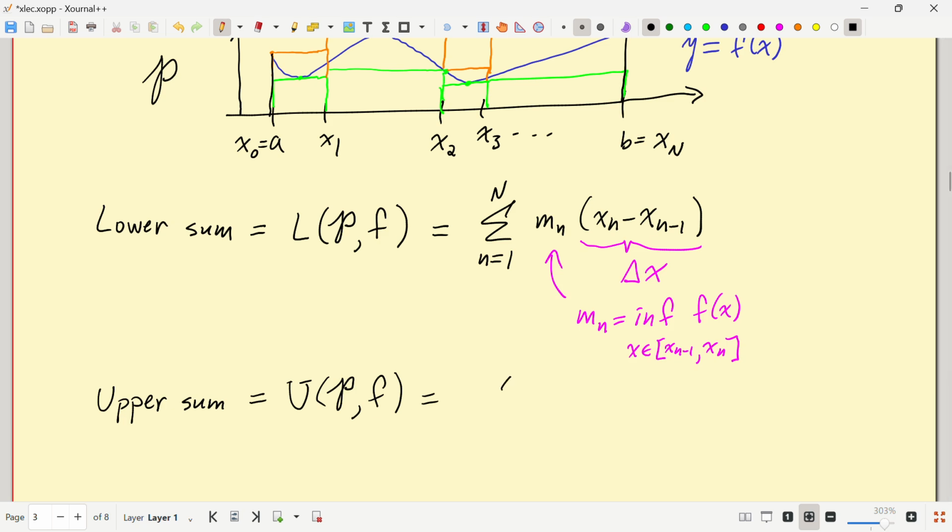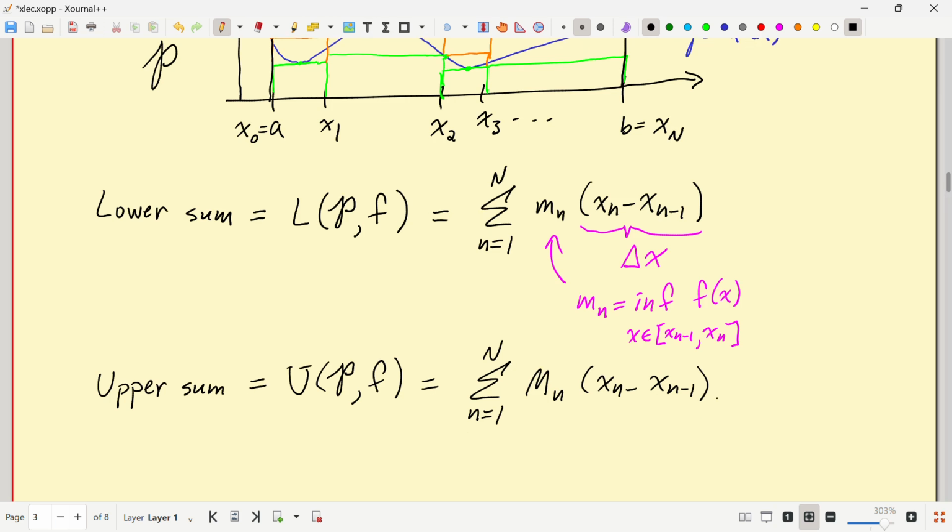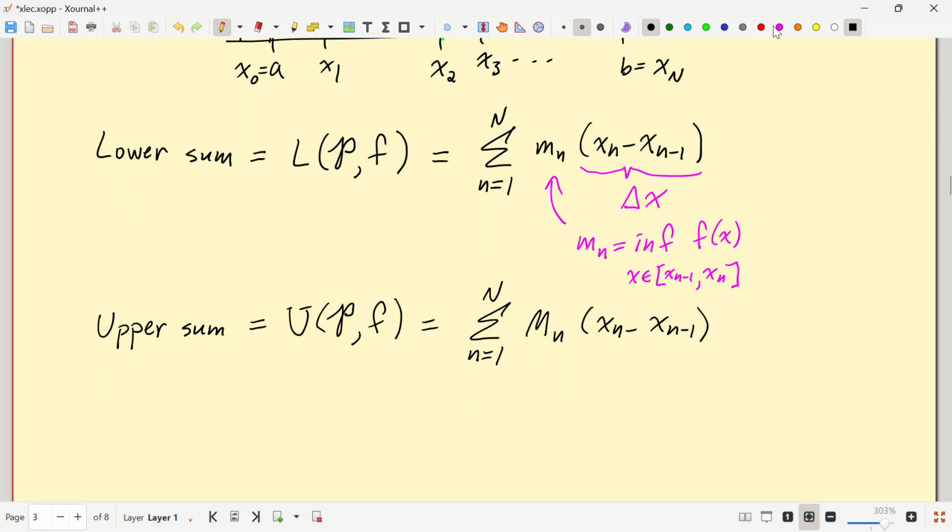It's the same thing, but this time we would have capital M_n's, which are going to be like the maxes. And here, the capital M_n is the sup of f of x. Of course, if f was continuous, the inf and the sup would be the min and the max.